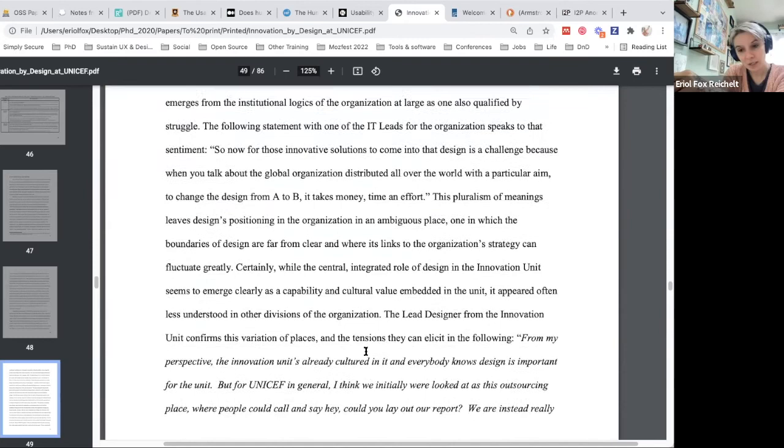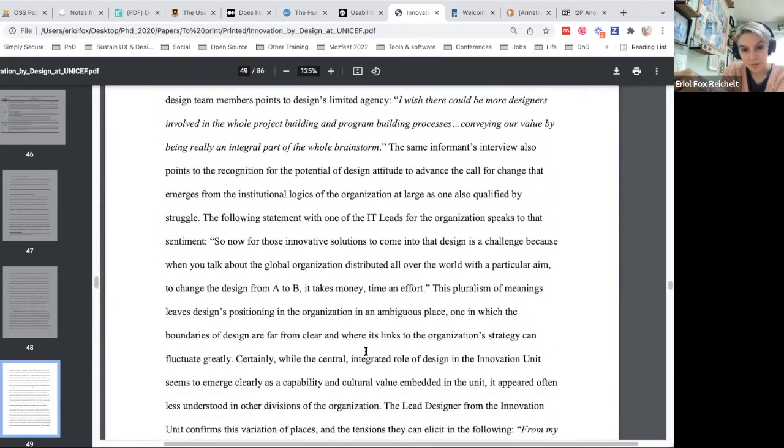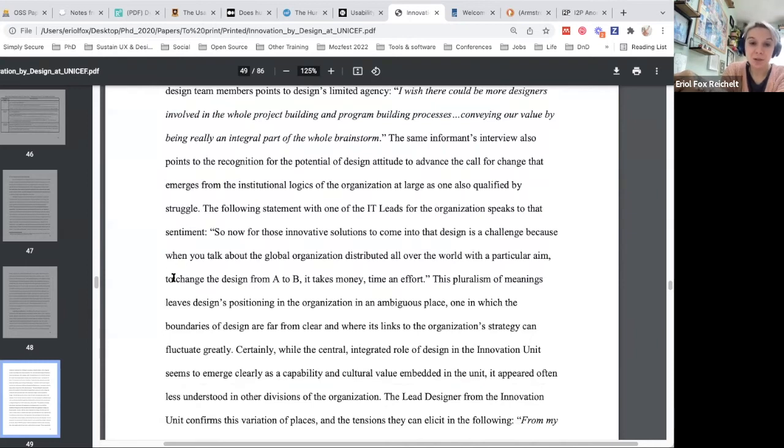On page 49, I underlined and highlighted a section which I probably just found amusing, which is that to change the design from A to B, it takes money, time, and effort. Often open source doesn't have money. Sometimes there are undefined amounts of time, and sometimes undefined amounts of effort.